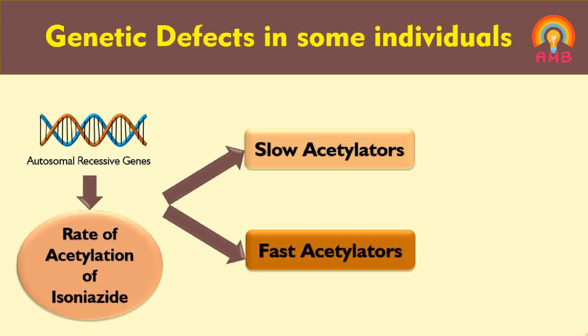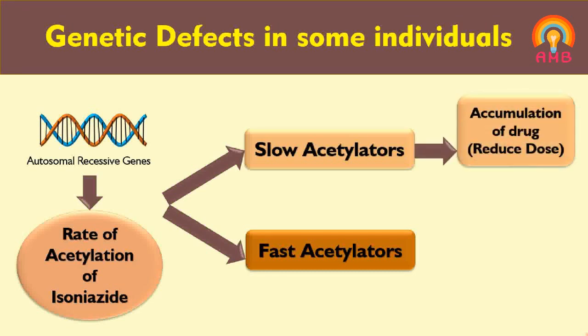So what happens if isoniazid is given to slow acetylators and fast acetylators? If isoniazid is given to slow acetylators, as metabolism takes place slowly, the drug gets accumulated in the body and it may lead to toxicity of isoniazid. So to avoid toxicity while giving isoniazid in slow acetylators, we have to reduce the dose of isoniazid.